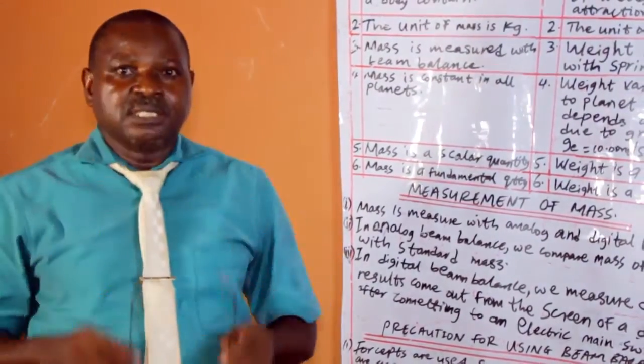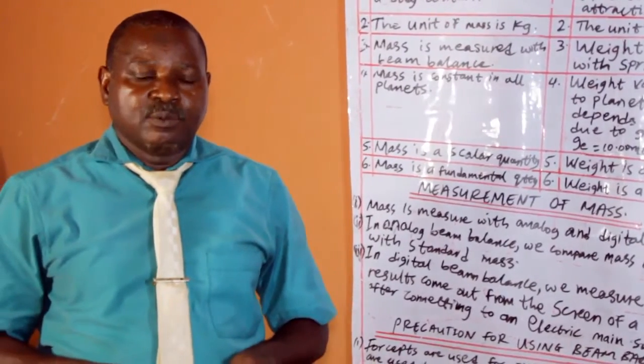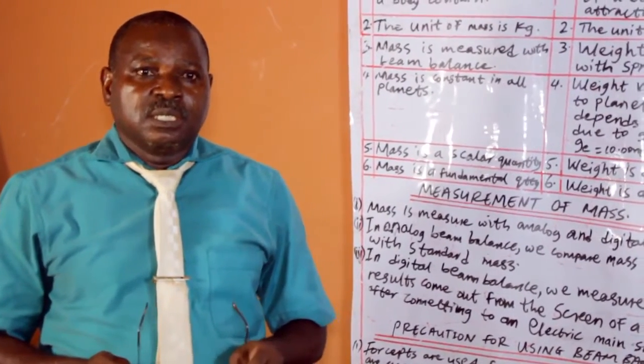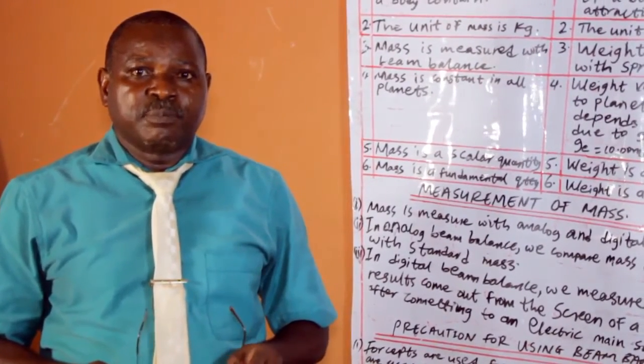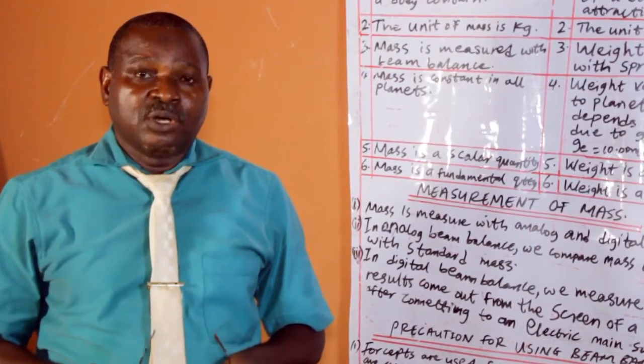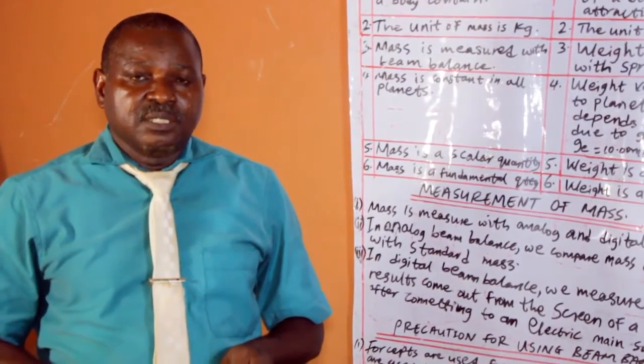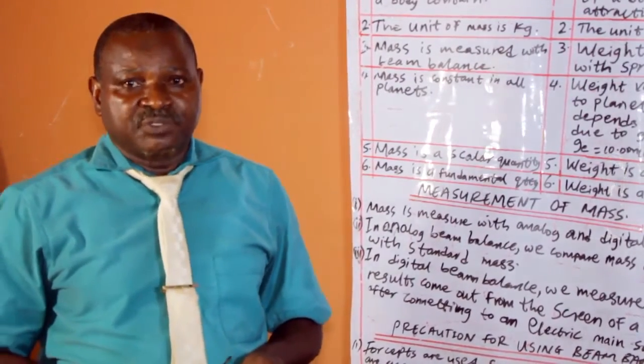4. Mass is constant in all the planets, while weight varies from planet to planet due to the acceleration due to gravity.